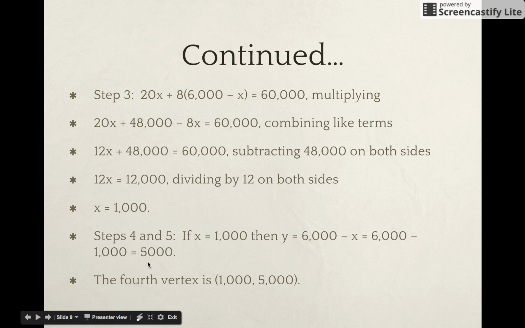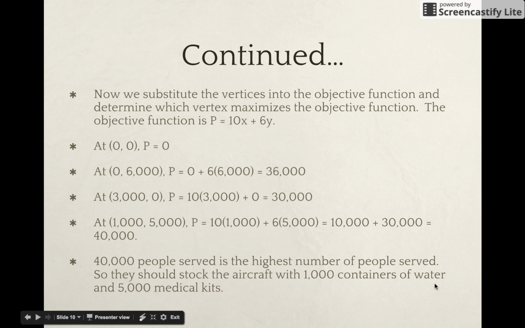Of course, that means y is 5,000, or 5,000 medical kits. So our 4th vertex is the ordered pair (1,000, 5,000). Now we've identified all of the vertices of our feasible region.